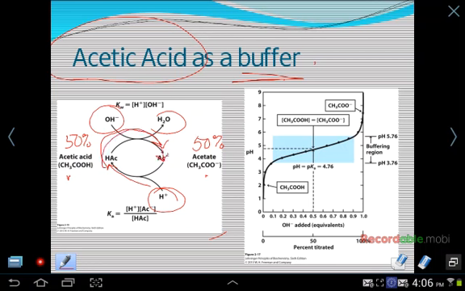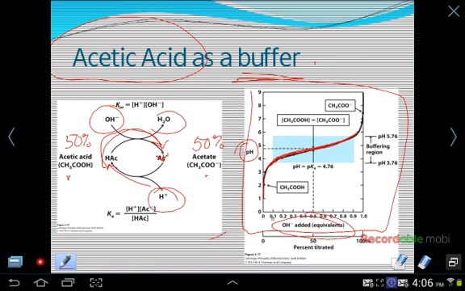As we can see here in this graph, this is a titration curve. I don't know if most of y'all have seen titration curves already, but here we have the plot of pH versus added equivalents of base. As we can see, as we add base and we approach the pKa of our acid, our slope gets very low, that is, we're not seeing a lot of change in the pH as we add base.